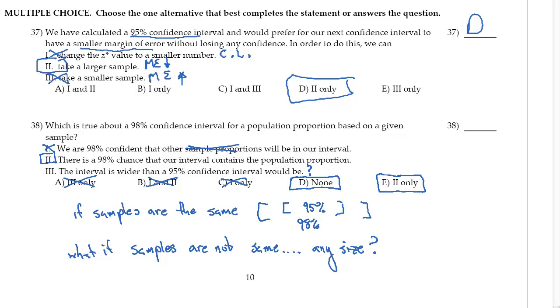Well, wait a minute. None of them can't be true because 2 is true, okay? So what they must be saying here is, because they haven't specified that the 95% confidence interval has the same sample size, then we cannot compare them. They could be any size, and so we have to choose E here, okay? And now we're way over the 10 minutes, and so I want to stop.